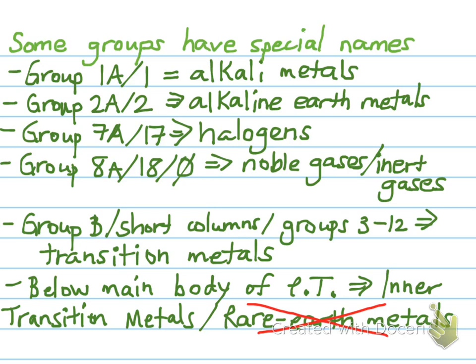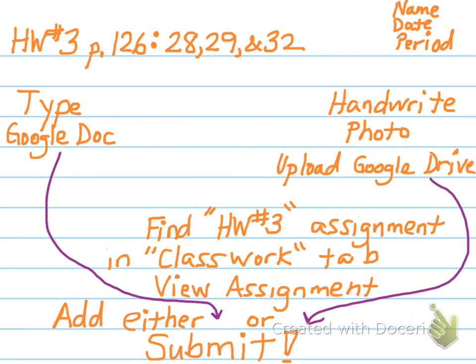So that brings us to the end of chapter 5. Your homework, again, remember I'm showing you here how your paper should be set up. Remember, you have two choices about how you do your homework. You can type your homework in a Google Doc, or you can handwrite your homework on a piece of paper and take a picture of it and upload that picture to your Google Drive.